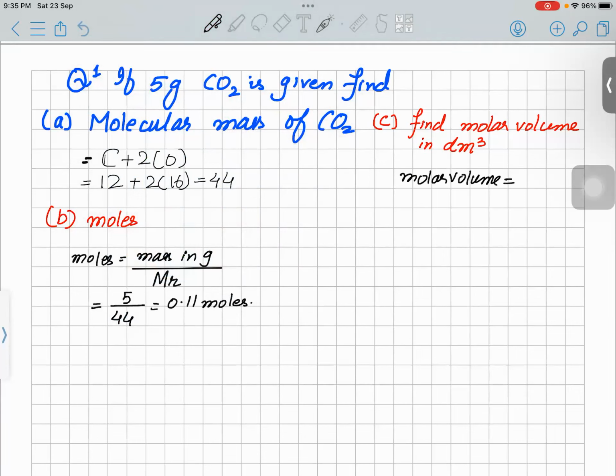Mole times 24 if you want dm cube. Exactly, mole times 24. Mole is 0.11 multiplied by 24. Sir, 2.64 dm cube.